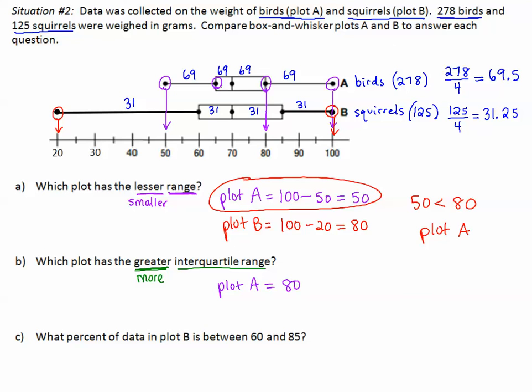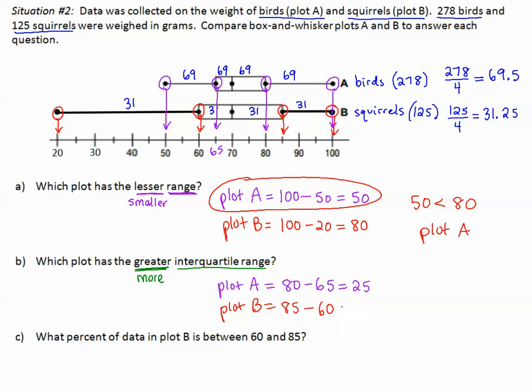The lower quartile is at 65, and 80 minus 65 makes 25. For plot B, the upper quartile is at 85, and the lower quartile is at 60.